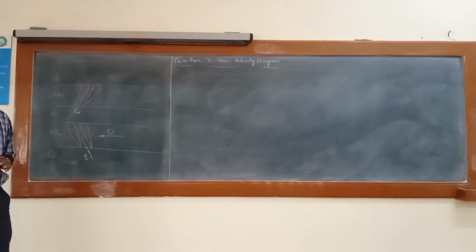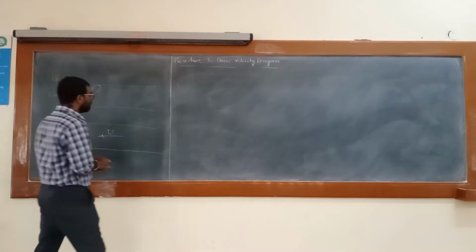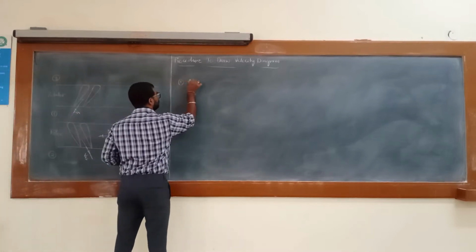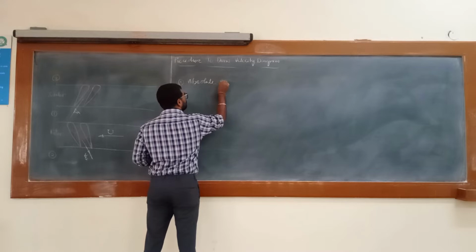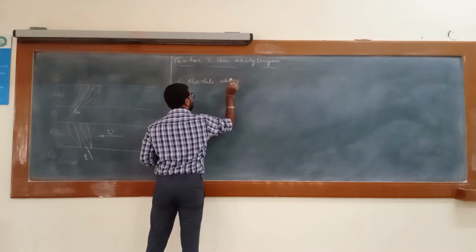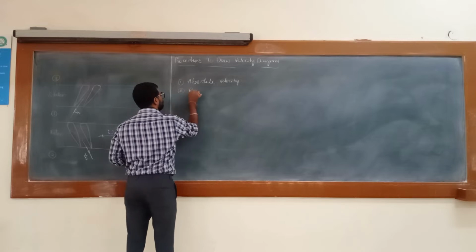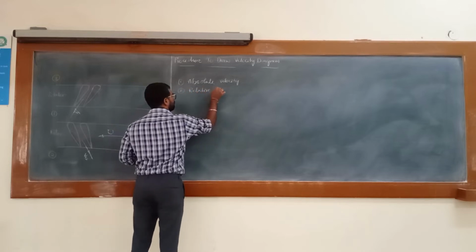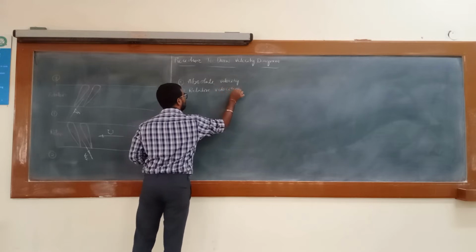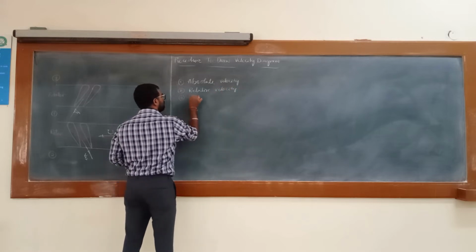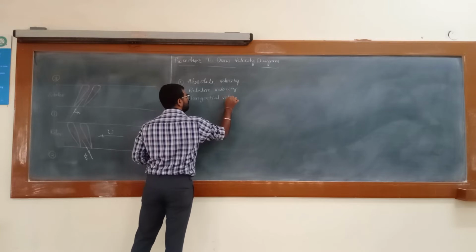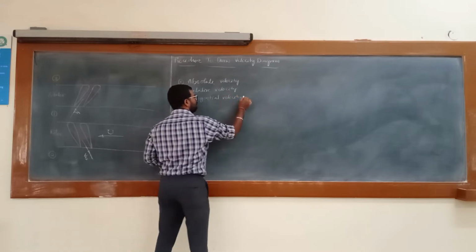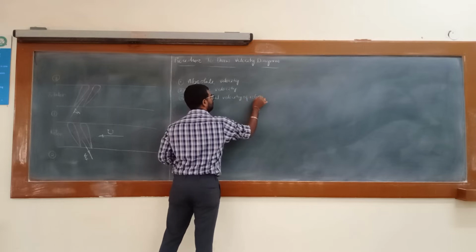The velocity triangle consists of three sides, which are made up of three velocity components. Those three velocity components are absolute velocity, relative velocity, and tangential velocity of the rotor.